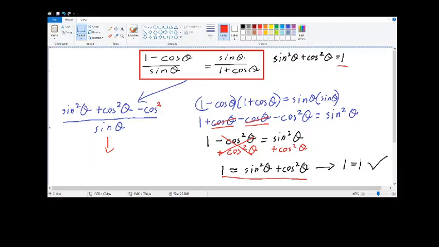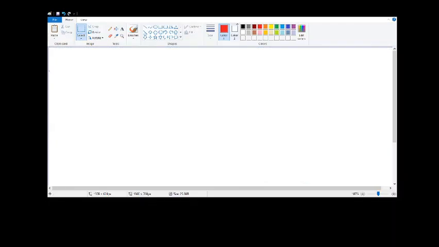Now, our third question. This one ends up using a couple of the other functions that we may not necessarily normally use.